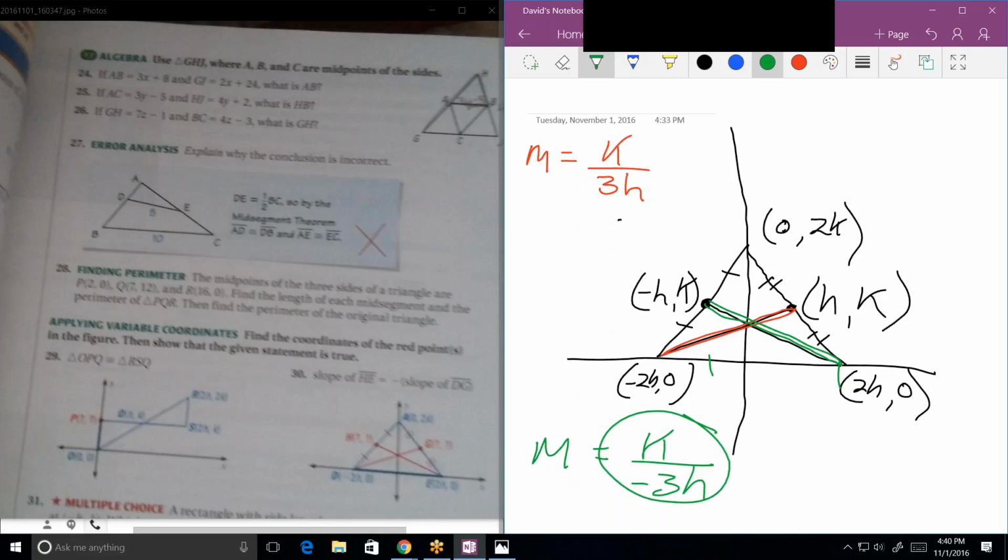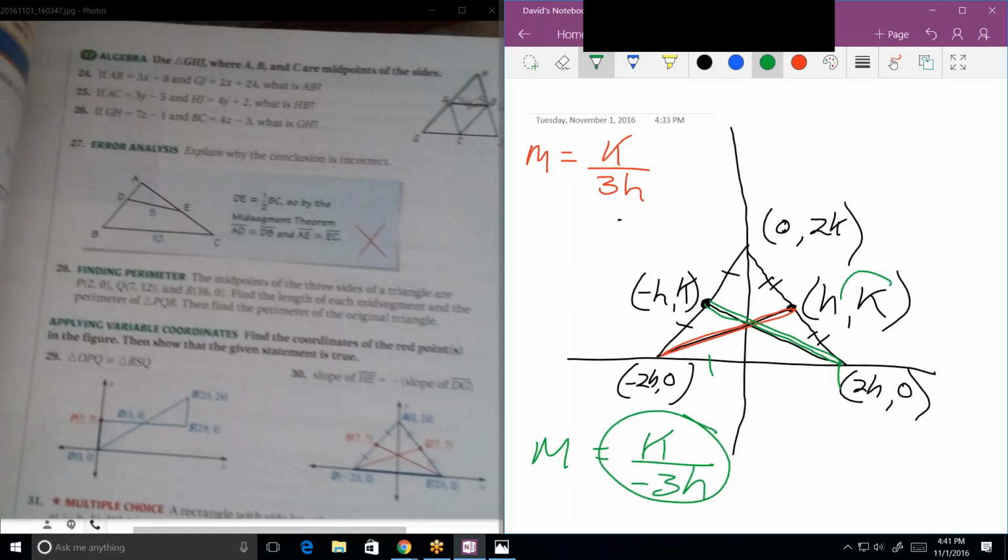What else? Yeah, the slope of, say, d is negative 3h over k, right? No, it's rise over run. Oh, never mind. So it's k over negative 3h for the green one, and the red one is k over 3h. Wouldn't it be negative? No, let's do the red one.